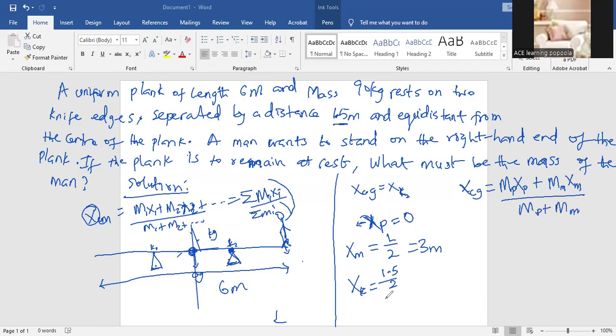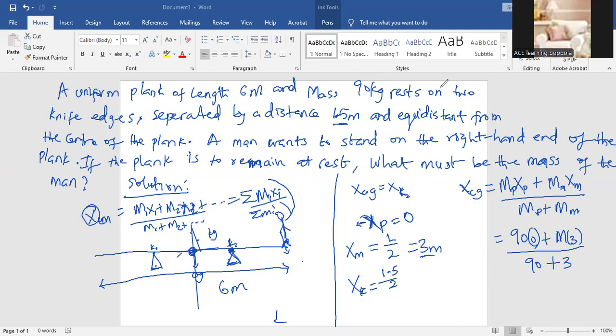So the mass of the plank is 90. Remember that XP is 0; the center of gravity is located on the origin, that's why it is 0 for the plank. For the man, the mass, which is what we want to calculate, we don't know. So M times the distance, XM, which is 3, divided by 90 plus M.